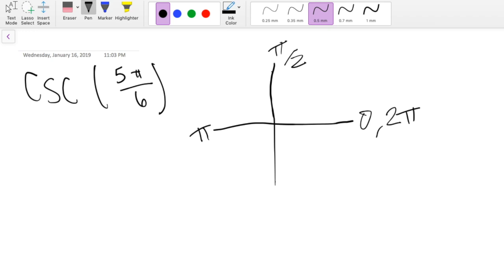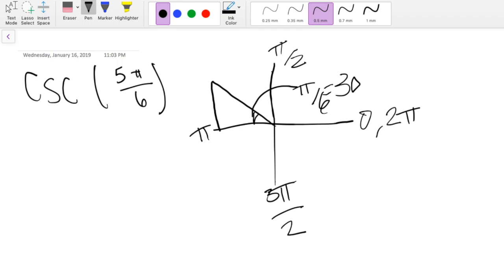And this is 3 pi over 2. So 5 pi over 6 is not quite pi yet, so it'd be right here. And if we draw a triangle down, so it's 5 pi over 6, which means it's pi over 6 away from pi. So that would be our angle right here. That angle is equal to 30 degrees.